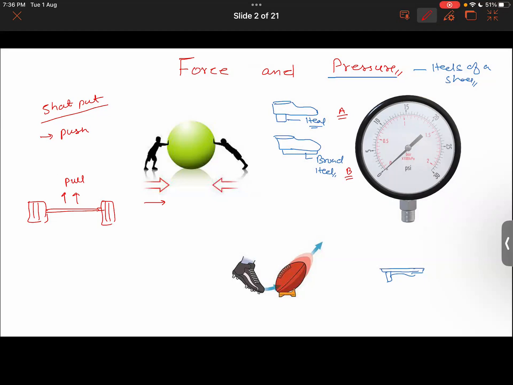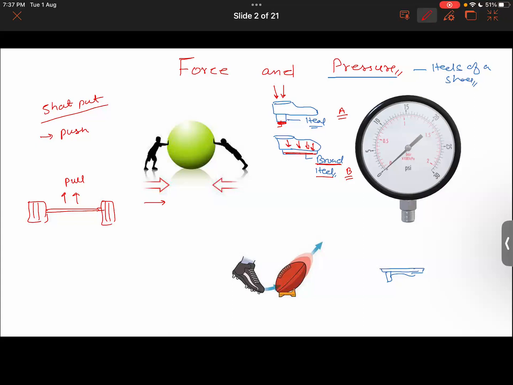A, right? Because the surface area here is very small and the surface area there is very big. So the weight of the person will be felt more in case A, because the force of the body of that man is acting on a very small area, while in the other case the weight of the person was distributed over a much larger area since the heel was broad, right?